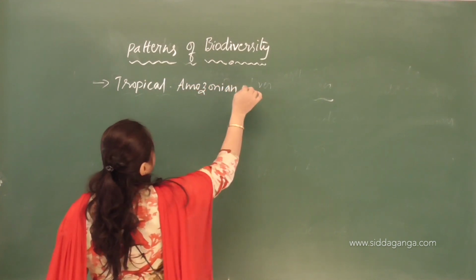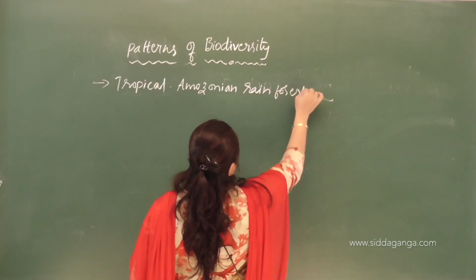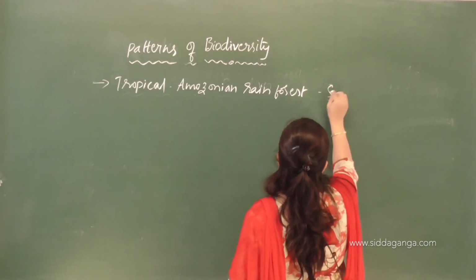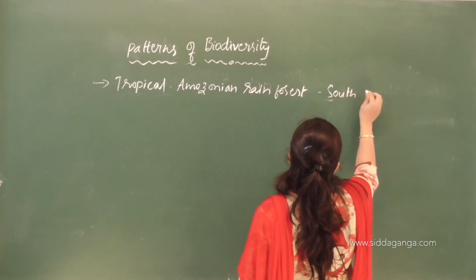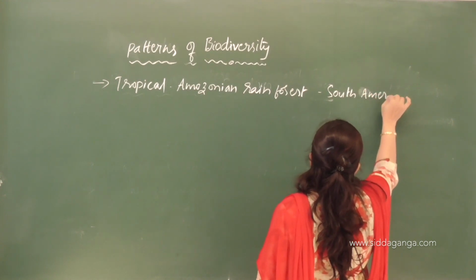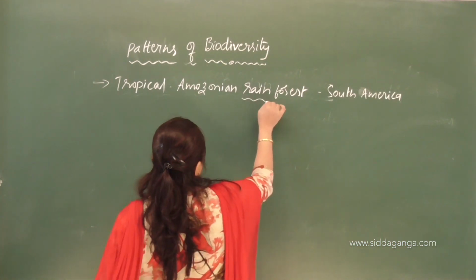So the greatest biodiversity on the earth is present in the tropical Amazonian rainforest. It is located in South America, and is one of the largest rainforests in the world.